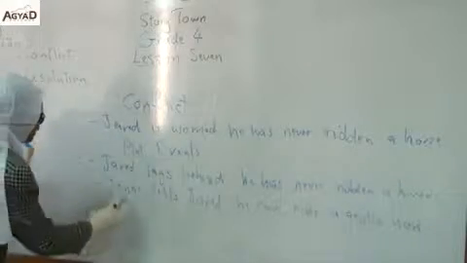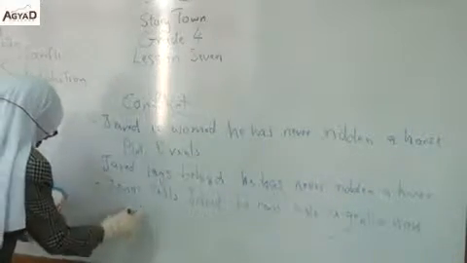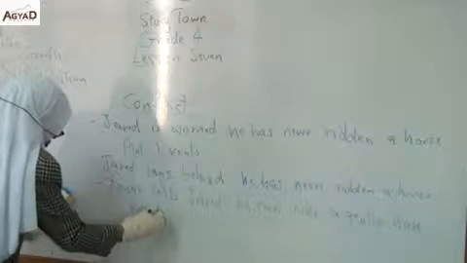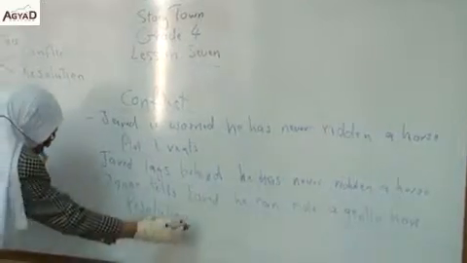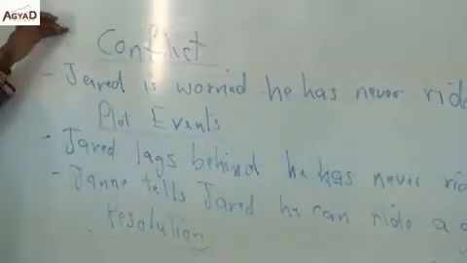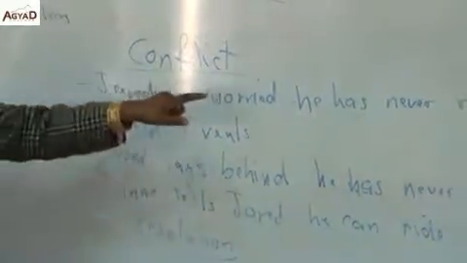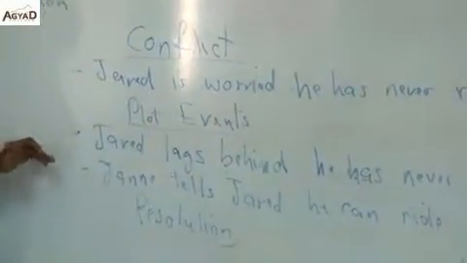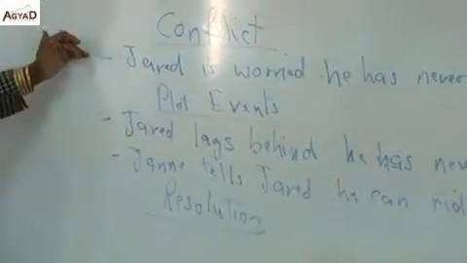So now, what is the resolution of this conflict? So I told you that we have a conflict, that this Jared, he is afraid of riding a horse because he had never ridden a horse before. These are the plot events. What did they do to let him overcome his fear?